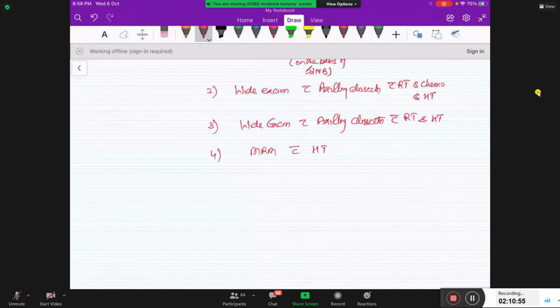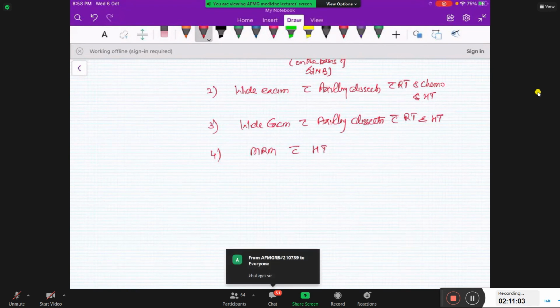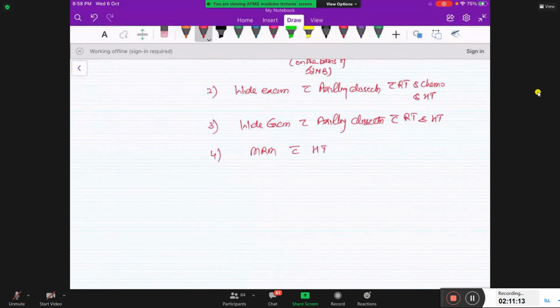Before deciding the management of a patient of carcinoma breast, we have to look at many aspects: whether we should be doing a sentinel node biopsy or not, whether we should be doing an MRM or BCT, whether the patient needs chemotherapy or not, whether the patient needs hormone therapy or not. That is how we will be deciding.